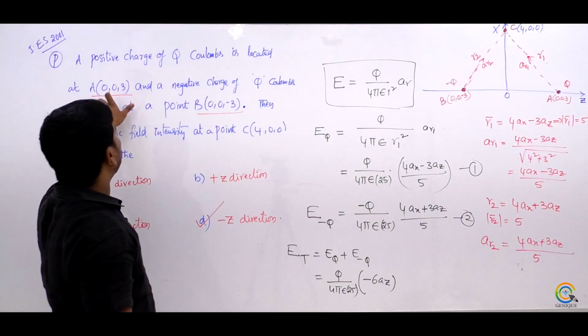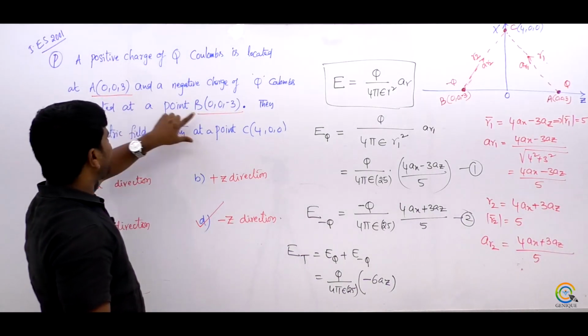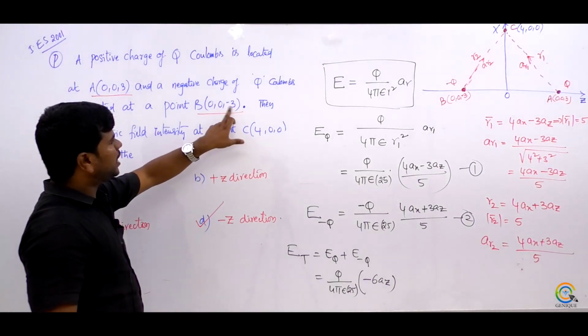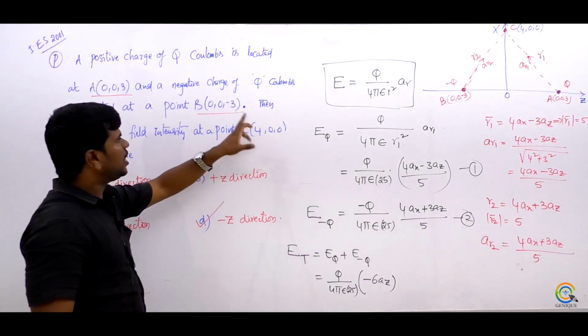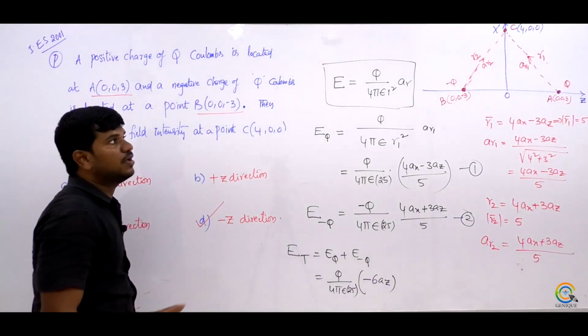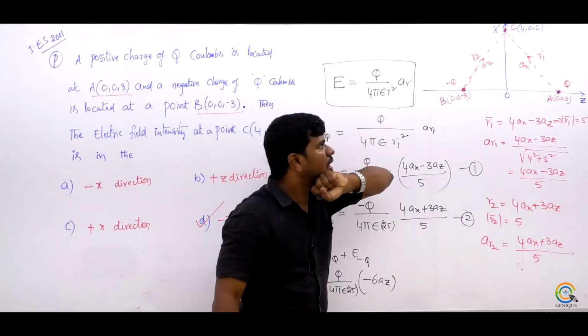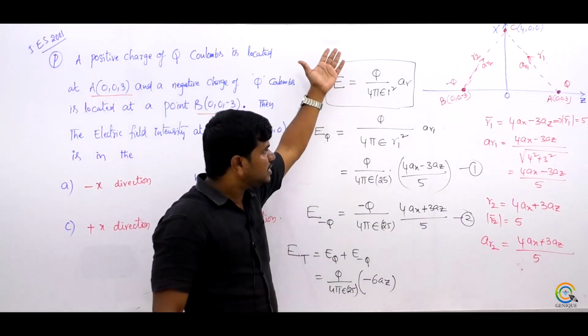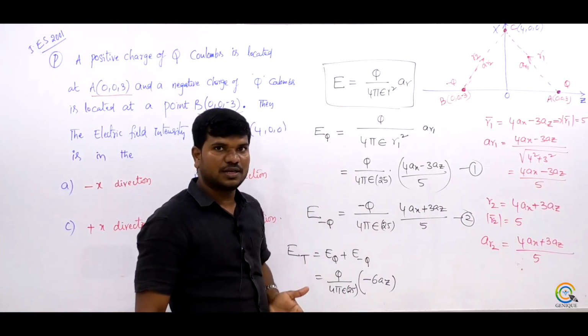Because the 2 points are given, from here to here you can find the distance, and you can also find the unit vector from here to here. For this problem, the figure is not at all needed to solve this question. Okay?